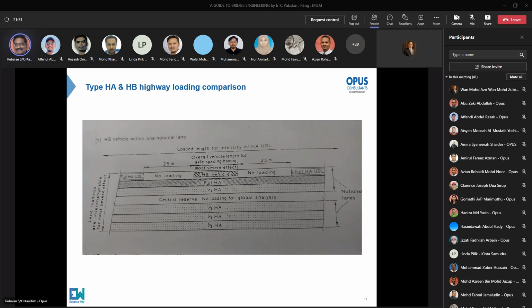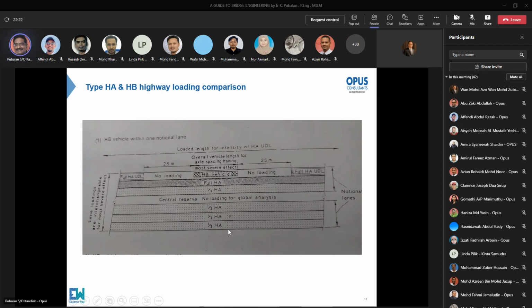This is a chart which I just inserted. This shows how normally the span is analyzed for different loading. Okay. Now, it would not be economical to impose HB on all the lanes because the chances of having an HB vehicle on all the lanes is almost nil.